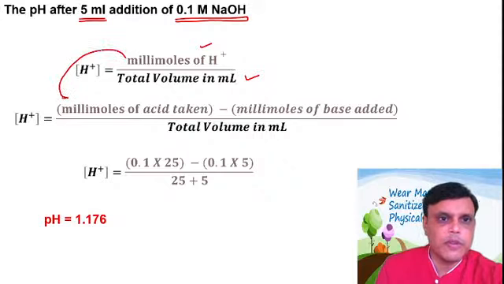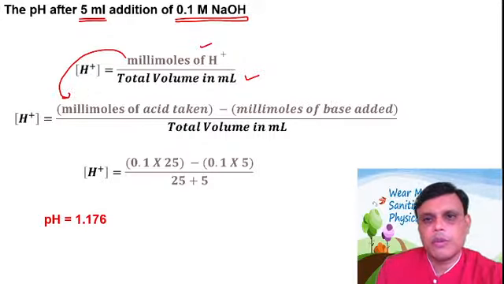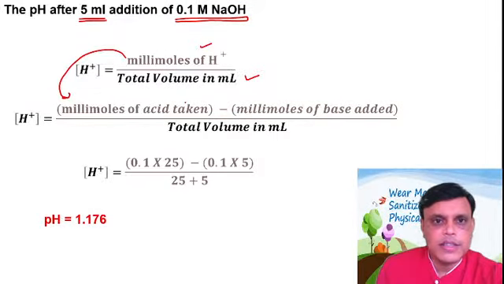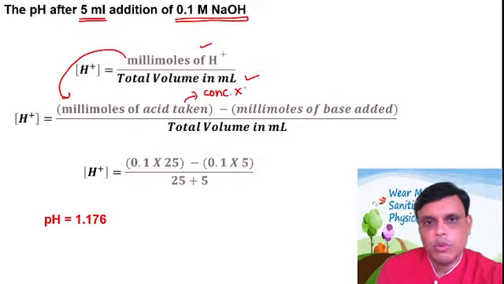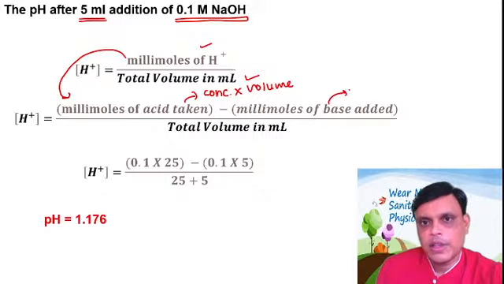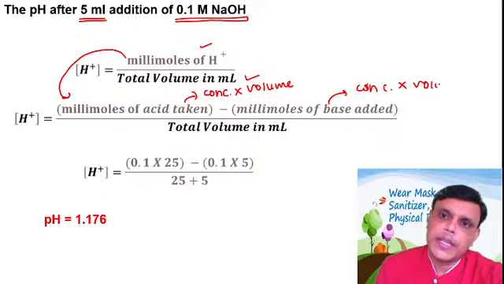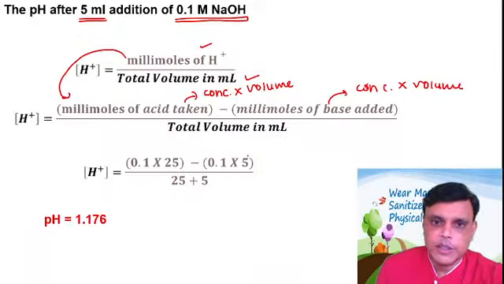It is millimoles of acid taken minus millimoles of base added. Millimoles is concentration into volume. Here also, concentration of base into volume of base added. Volume of base added is 5, concentration of base is 0.1 molar.